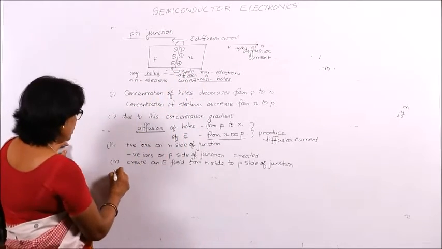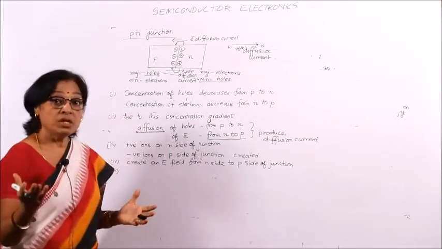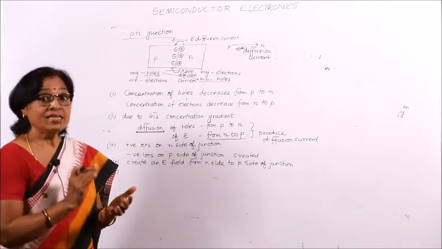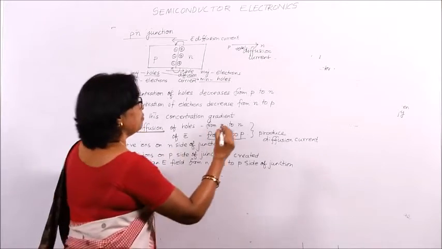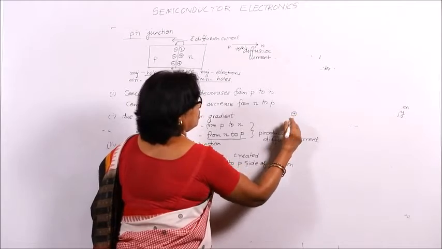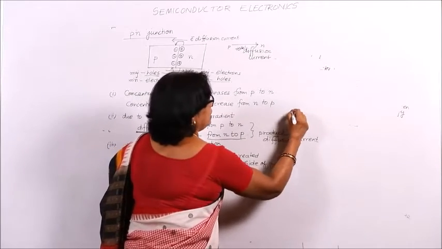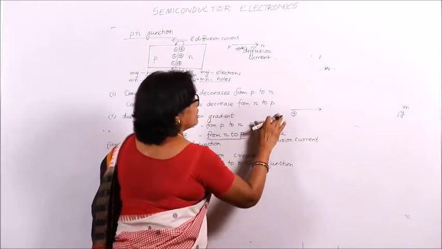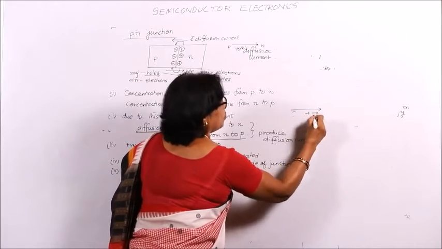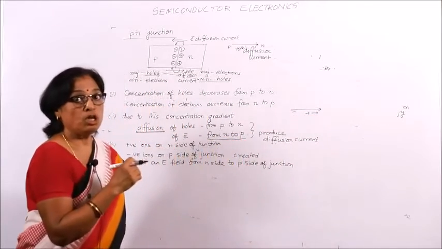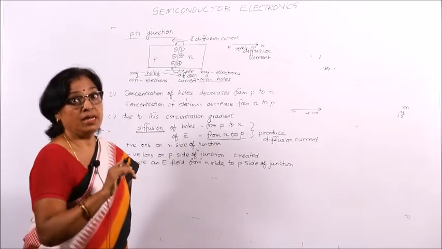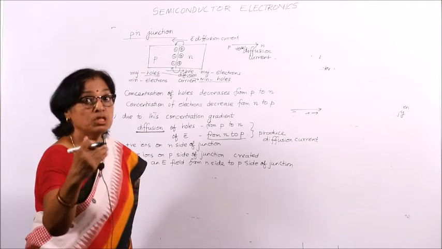Then what will this electric field do? If you have a positive charge which can move and you apply an electric field, the charge will move in the direction of the electric field. A positive charge moves in the direction of the electric field, a negative charge moves in the opposite direction.